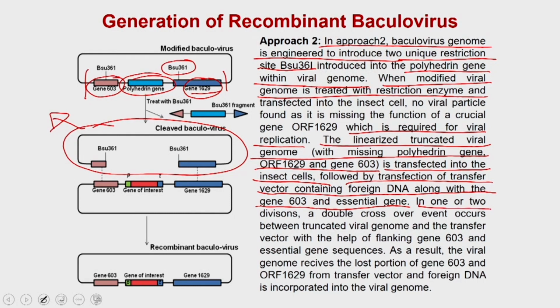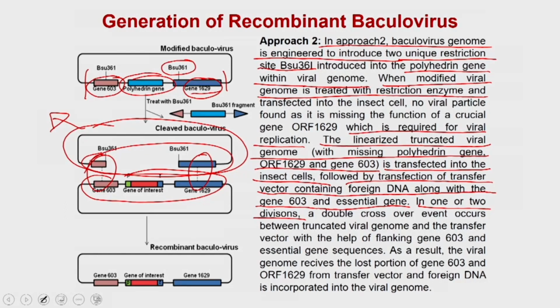So, once you transfect this into the insect cell lines, and they go through 1 or 2 cycles, this particular region is going to undergo homologous recombination, and this cassette is going to be replaced with that cassette.